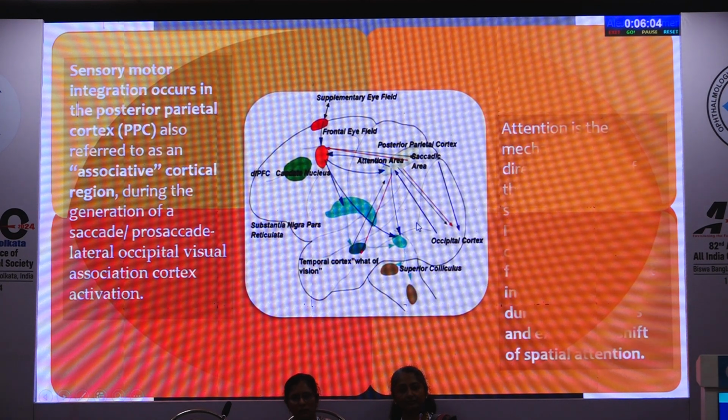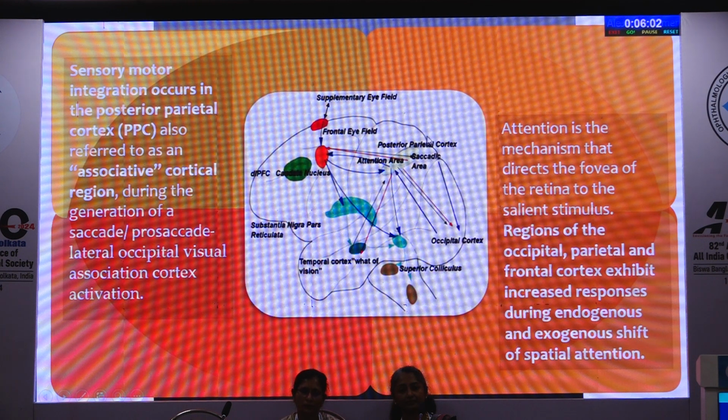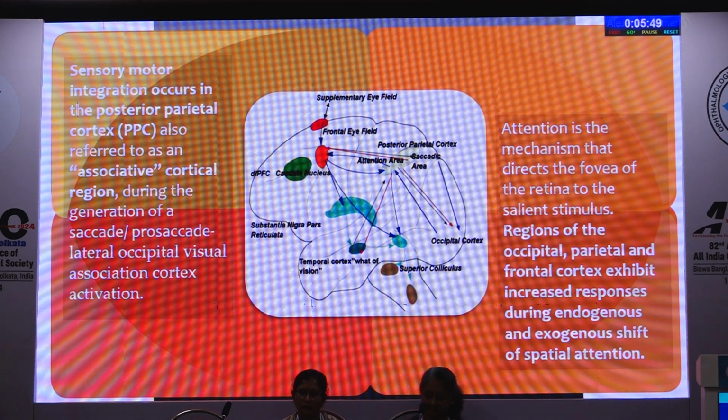In addition, very close to the posterior parietal cortex, we have the attention area, which directs the fovea to the object of interest. Whenever we see something in the peripheral field of vision, there is simultaneous stimulation of different areas in the brain, that is the occipital, parietal, and even the frontal regions of the brain.